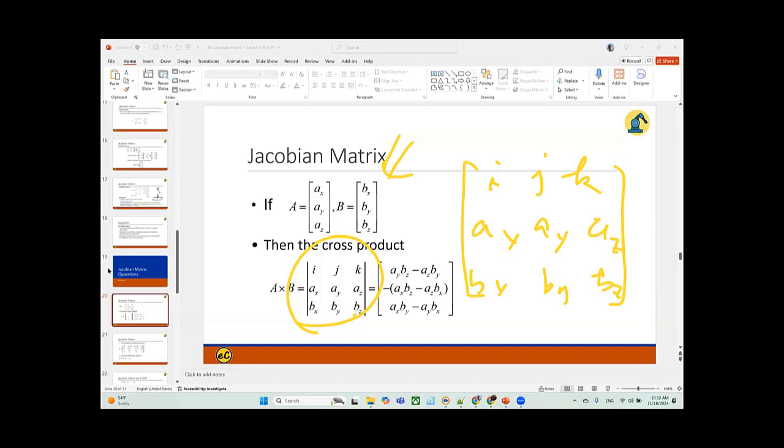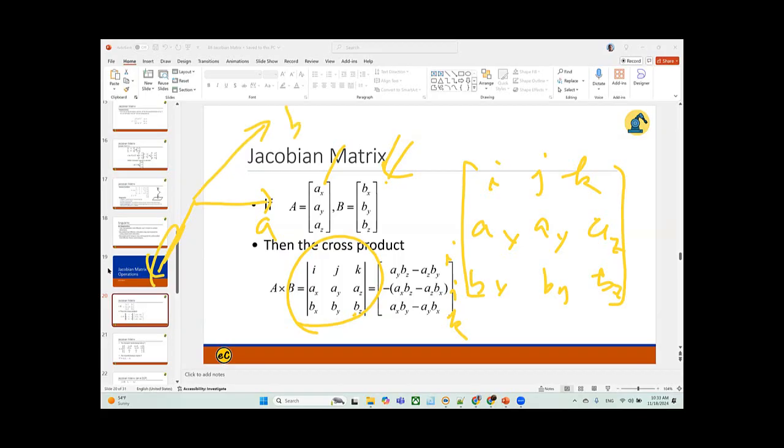So when they give you the cross product, your cross product would have IJK. And this IJK is where originally you have A, B. Assume your A is right here. Your B is right here.